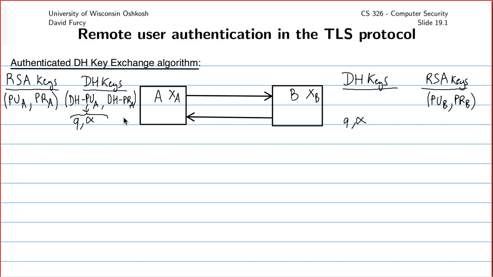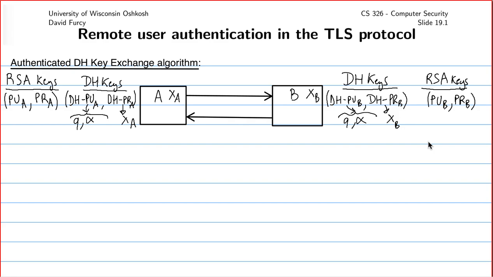And then the private key for Alice is going to be this random number x sub A. And similarly for Bob, who also has to have a pair of Diffie-Hellman keys, we'll have a Diffie-Hellman public key and a Diffie-Hellman private key. And so his public key is going to be, again, the shared value Q and alpha, and then his private key is going to be the private value x sub B.